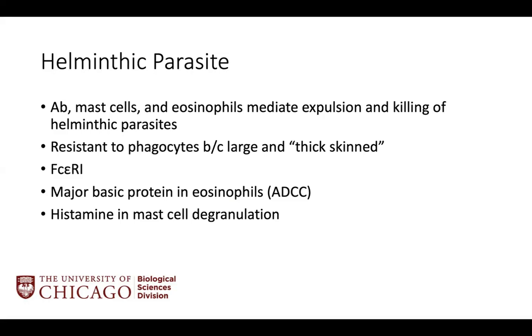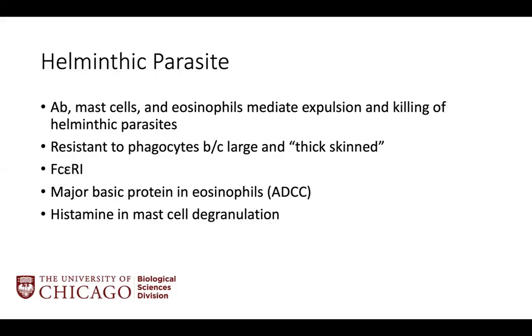Okay. For IgE, its main job is to get rid of helminthic parasites. So antibodies, specifically IgE, mast cells and eosinophils will mediate the expulsion and killing of helminthic parasites. Phagocytes in general are unable to kill off helminthic parasites because they're large and they have what I kind of think of as a thick skin.